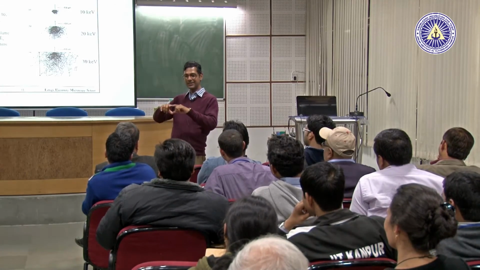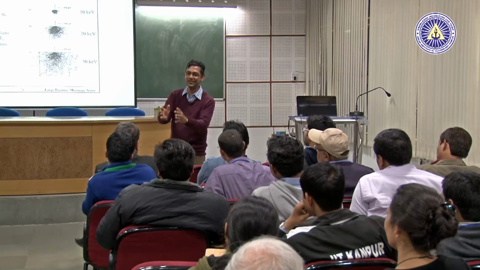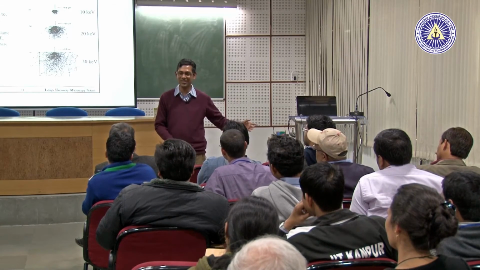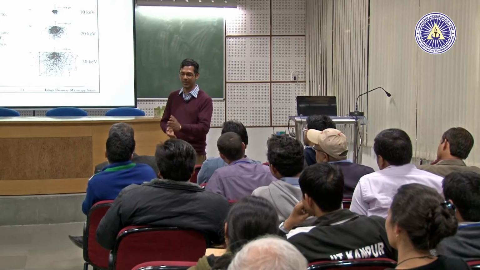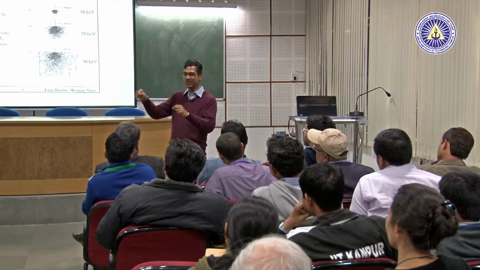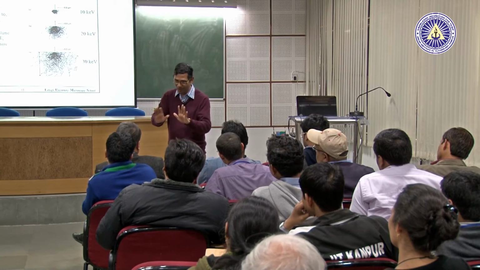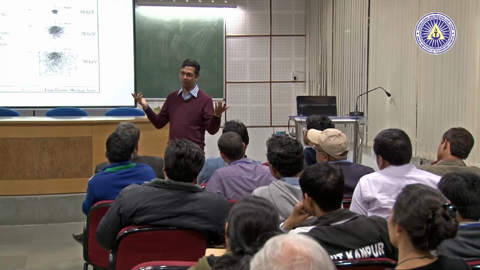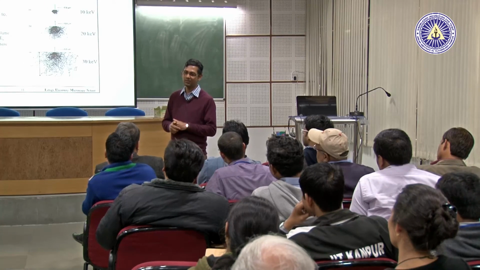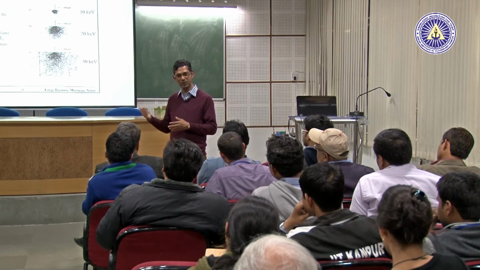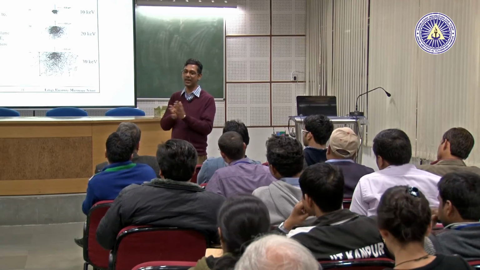We see sphere-like things and say this is an atom. People have done this for platinum. You can even see holes there, everything. But these are not actually atoms. Even in electron microscopy you see the potential, you don't see the atoms.